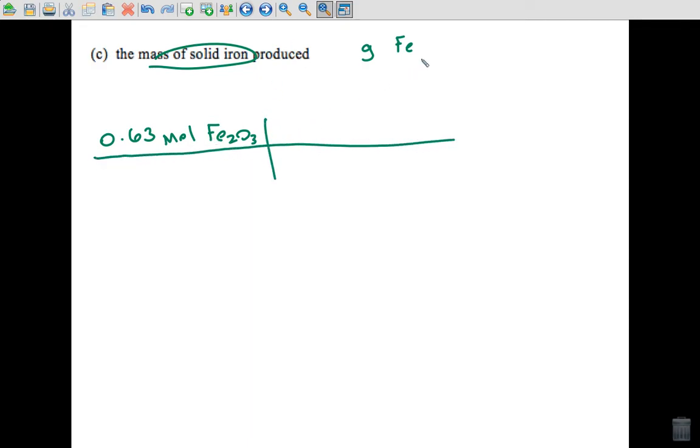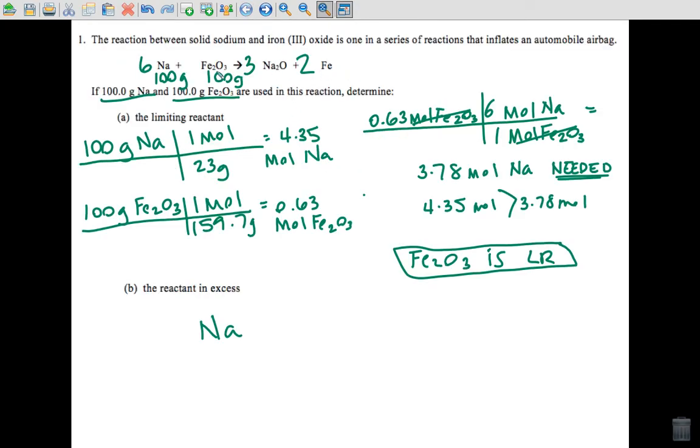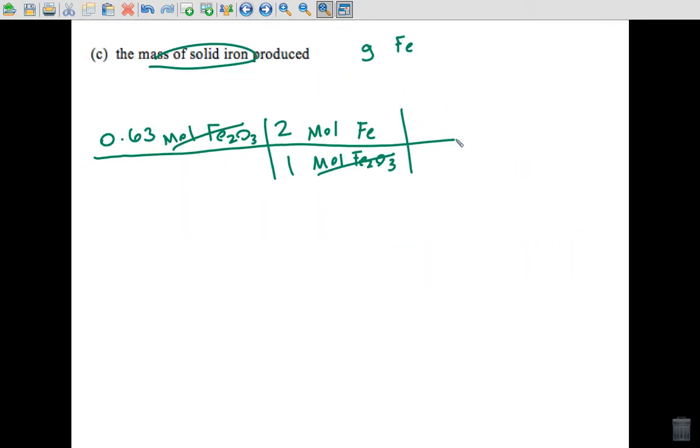I need to change substances to Fe, so I'm going to use a mole to mole ratio. Fe2O3 goes on the bottom to cancel, and what I'm looking for, which is now Fe, the product, goes on the top. The numbers come from the coefficients, so the 2 is on the Fe, the 1 is on the Fe2O3.